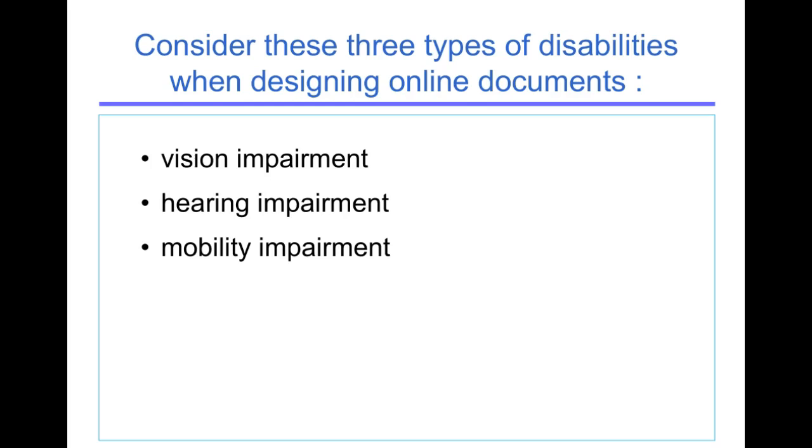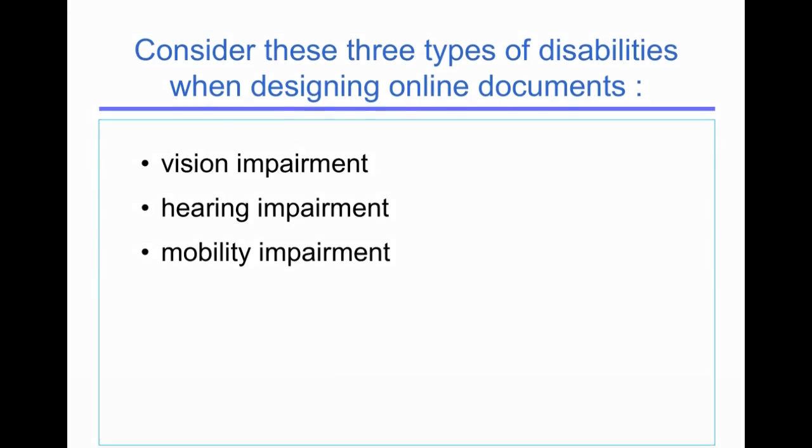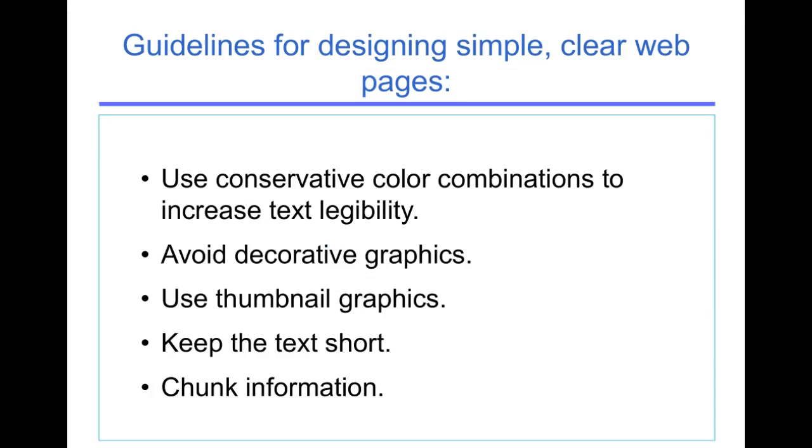I haven't really gotten anything for vision impairment and mobility impairment. Certainly on the slides that I have, you don't have to click through it, you can just listen to the lecture, so there's no clicking involved.